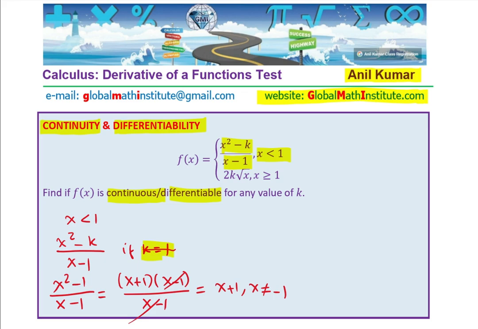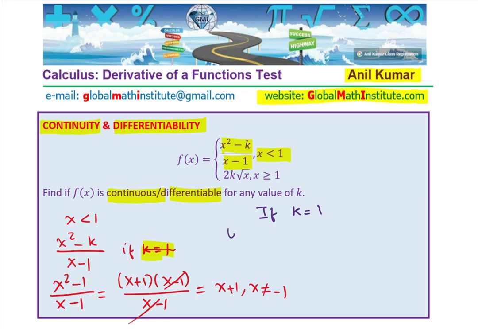So let's see, if k is 1, what is the value of the function? Let's check the limit of the function from the left side and from the right side. Is that clear to you?